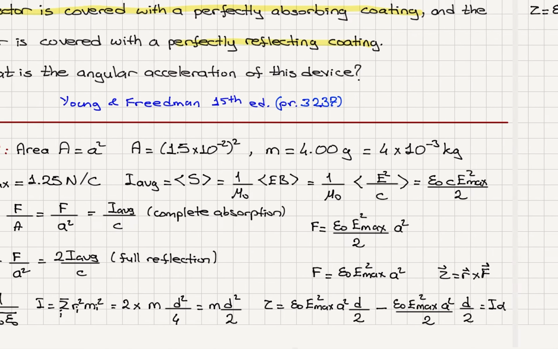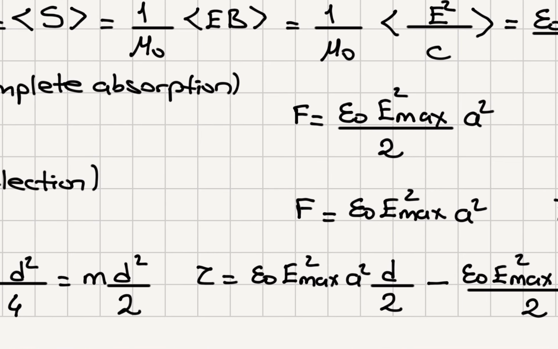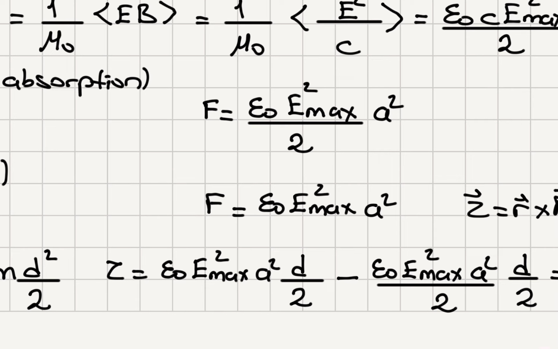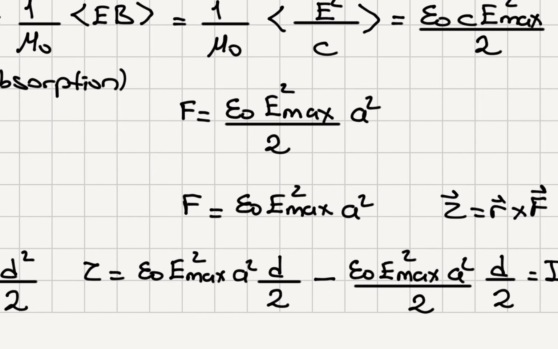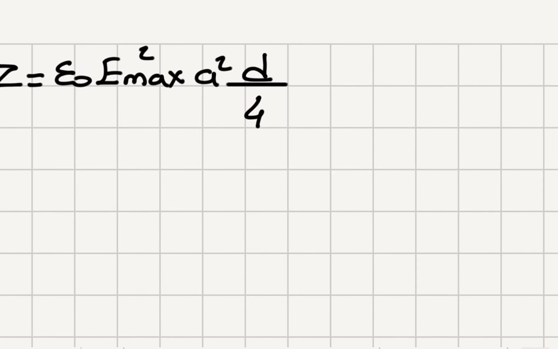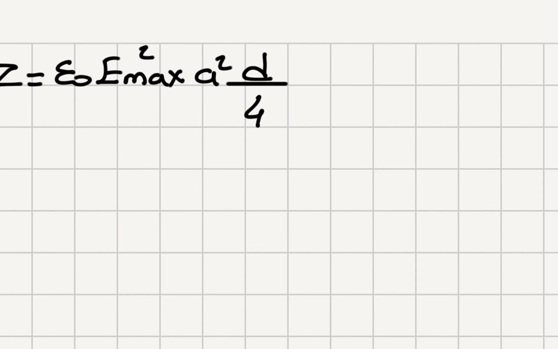So how do I obtain this? I multiply top and bottom with 2. So this is 2 epsilon 0 E max squared A squared D over 4. This is epsilon 0 E max squared A squared D over 4. So I subtract them. I obtain epsilon 0 E max squared A squared D over 4. This is equal to the moment of inertia, which I calculated to be m d squared over 2, multiplied with alpha.